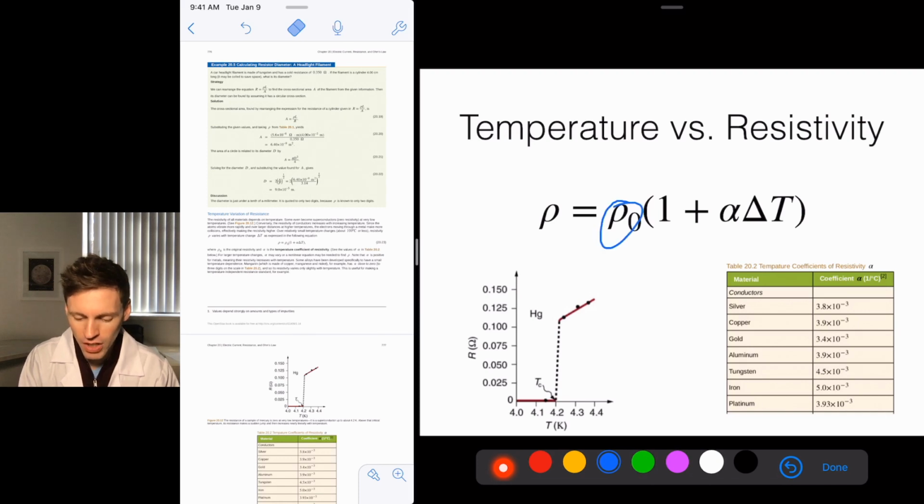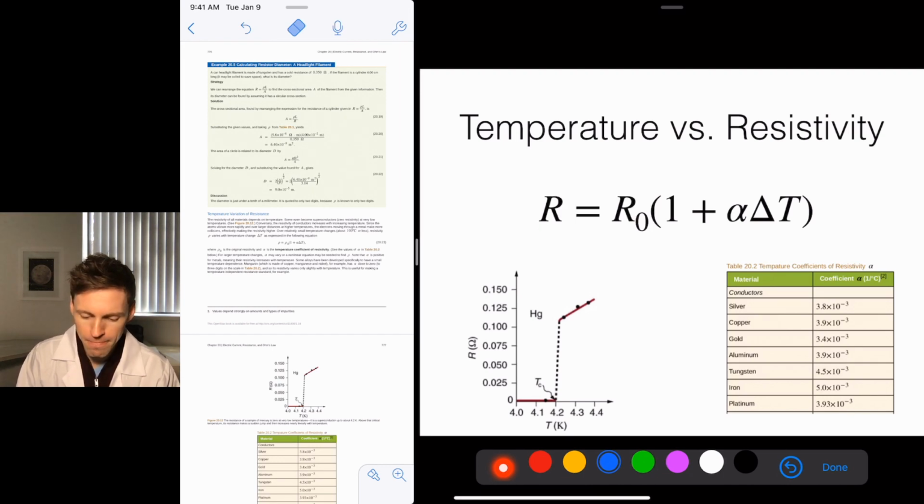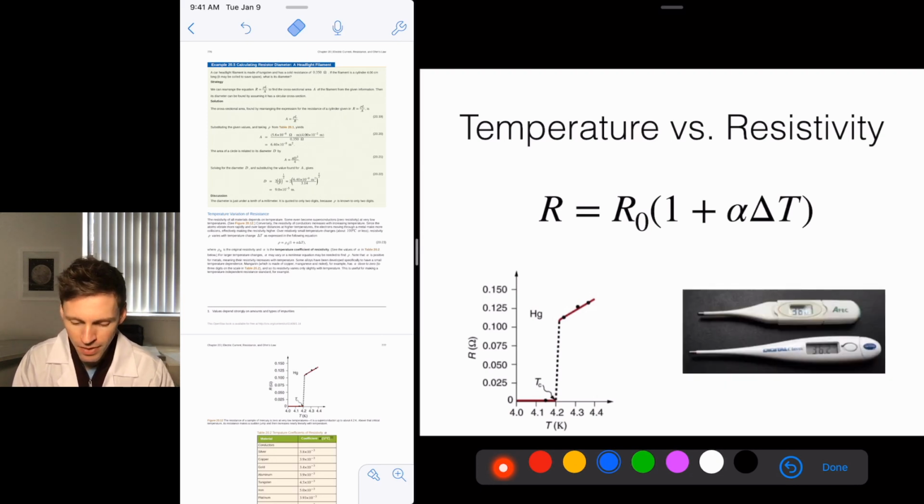And the resistivity changes with temperature, and it depends on this other value, alpha, which is just a coefficient you can measure. All of these things, rho and alpha, are experimentally determined quantities. Okay, the resistivity and the resistance go together, since the equation for resistance is directly proportional to rho. You can just replace rho and R here.